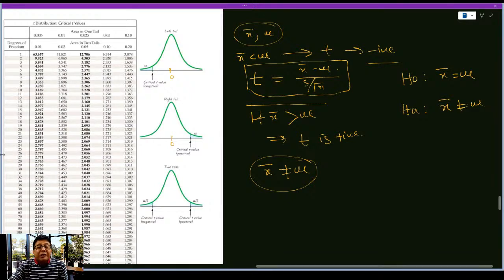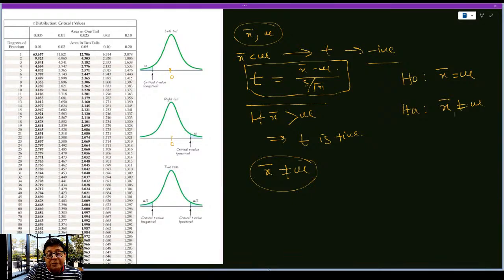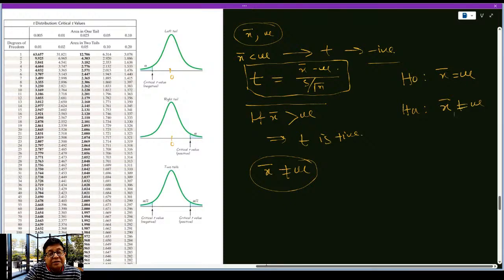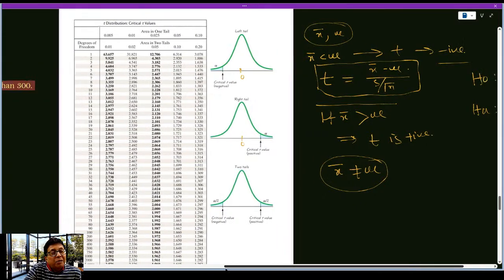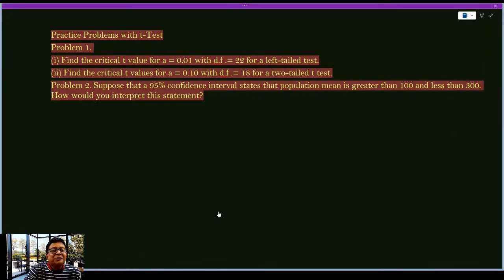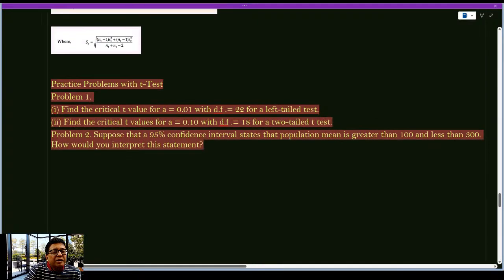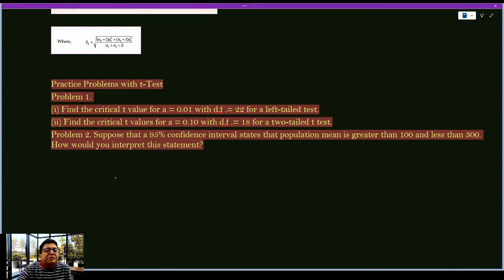So let us take an example, because I wanted to make the session brief so that you understand the whole of inferential statistics easily. We are going to solve problem 1 based on this.